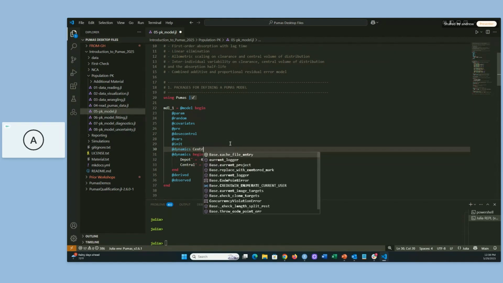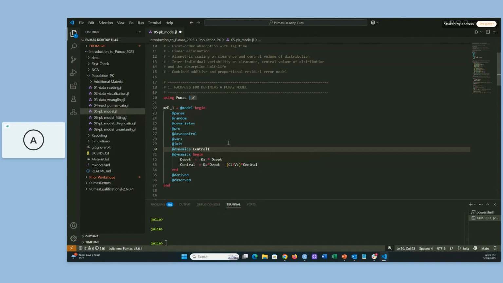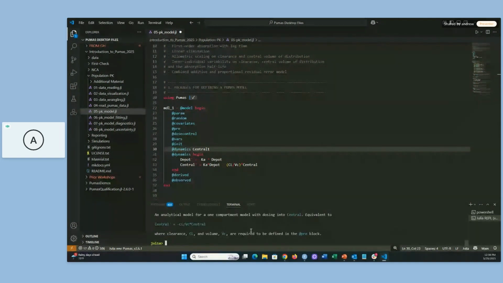So for that 1 compartment IV model where we only have a central compartment, we can just write this in as dynamics central 1. And if we look at the help screen, so again, if you hit shift question mark, central 1, just to see what it is that it's defining, right at the bottom it's showing what that analytical model is. And so it's exactly what we had just written out in that PowerPoint diagram.